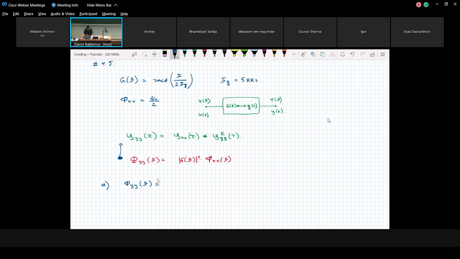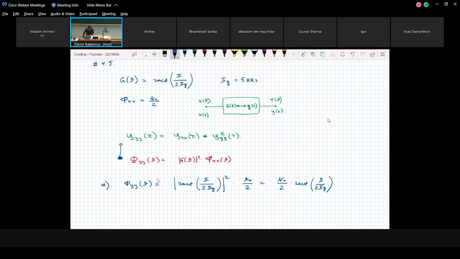We can write the square of the rectangular window, modulus squared, times N0 by 2. Thus, you see that we just have N0 by 2 times the rectangular function of f divided by 2fg, squared, because the rectangular function has value 0 or 1.